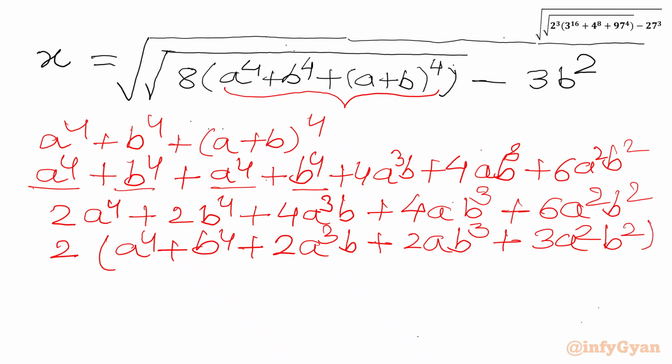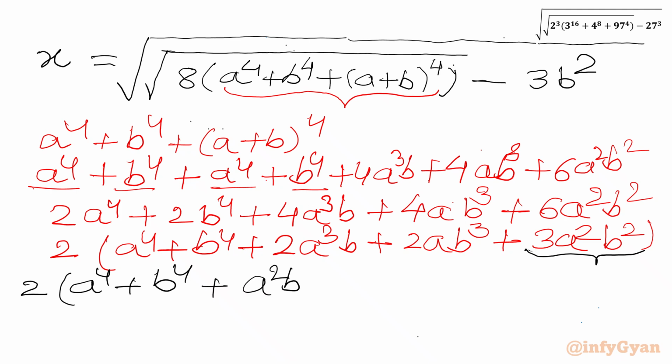Now we will target this 3a square b square and we will write a square b square plus 2a square b square. So let me write here 2 times a power 4 plus b power 4 plus a square b square. Then I will write the remaining 2a square b square.